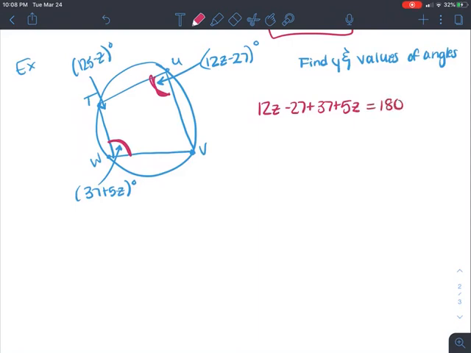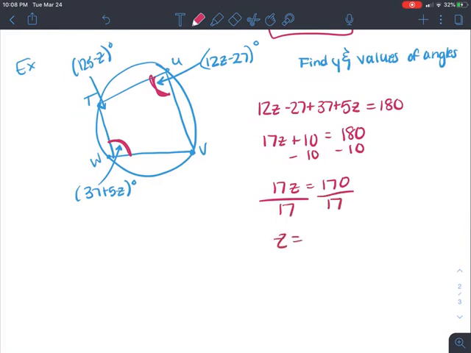Then I'm going to combine like terms, so I get 17Z plus 10 equals 180. I'll subtract 10 from both sides, which leaves me with 17Z equals 170. Divide by 17, divide by 17, Z equals 10.